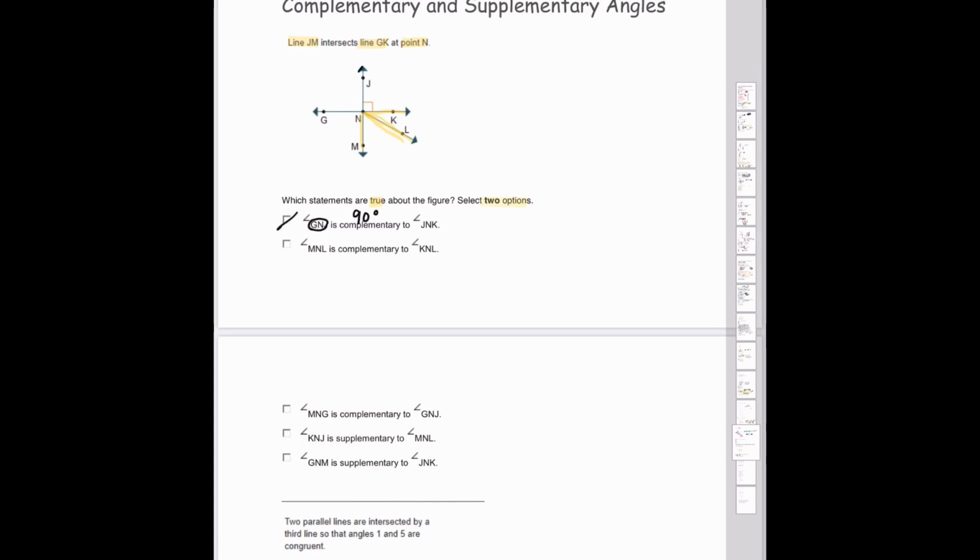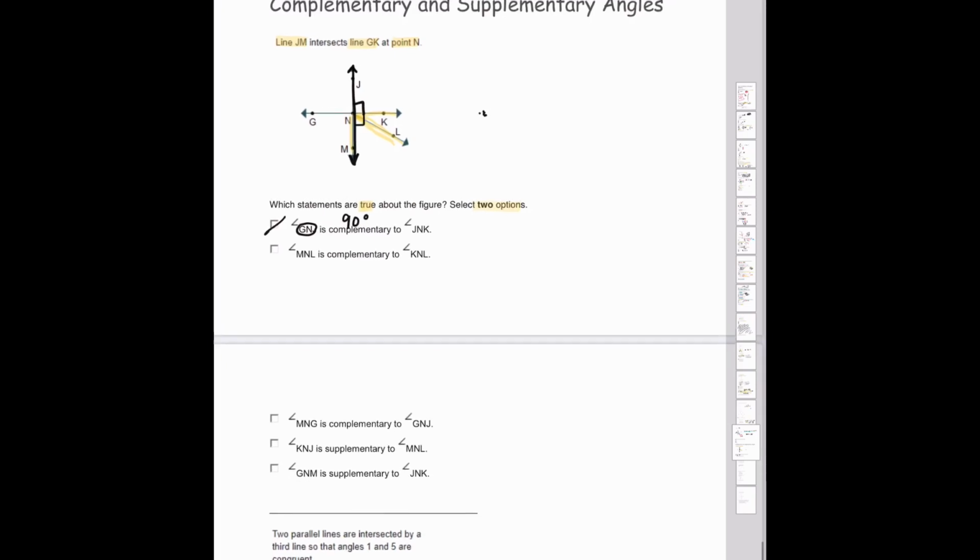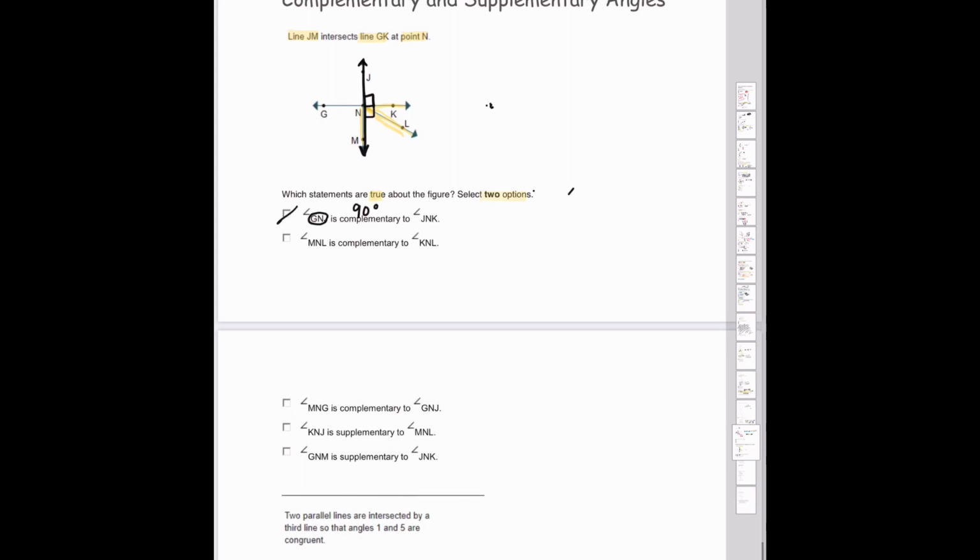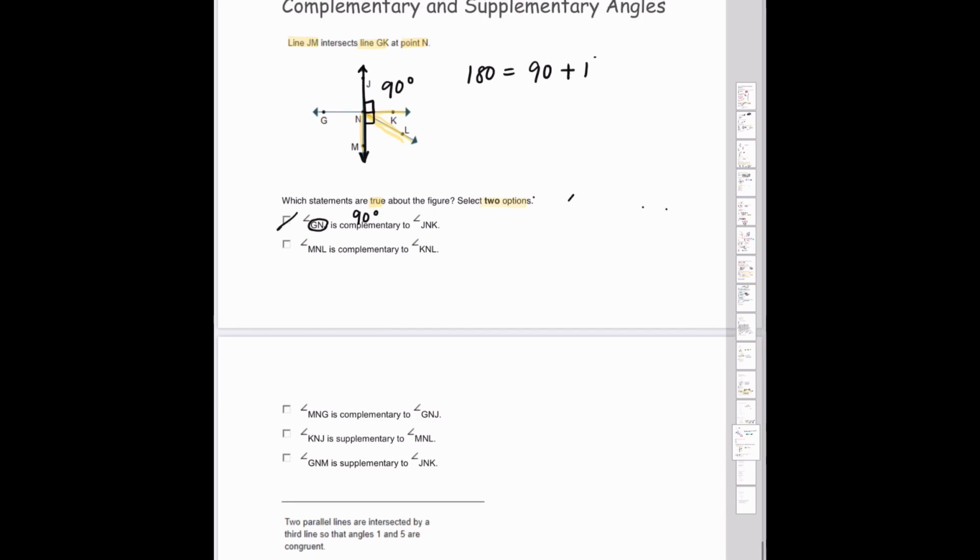Well, once again, we see here a linear pair. J and K and M are a linear pair because they share that line. We know that J and K is equal to 90 degrees. So we take 100 degrees equals 90 plus K and M.